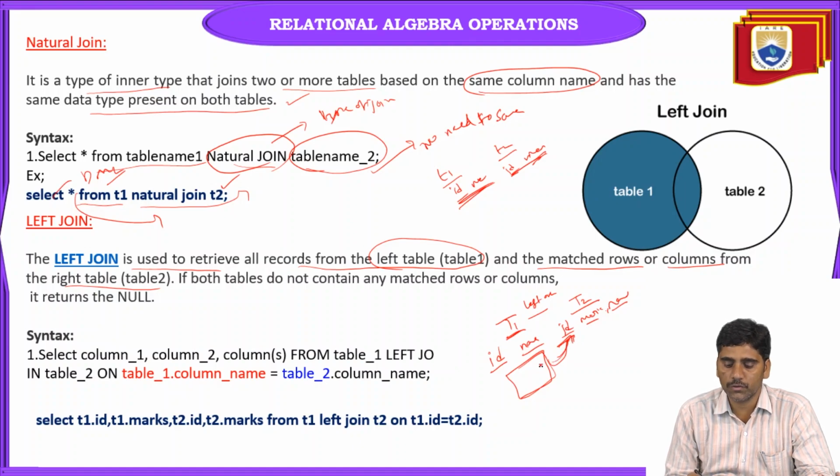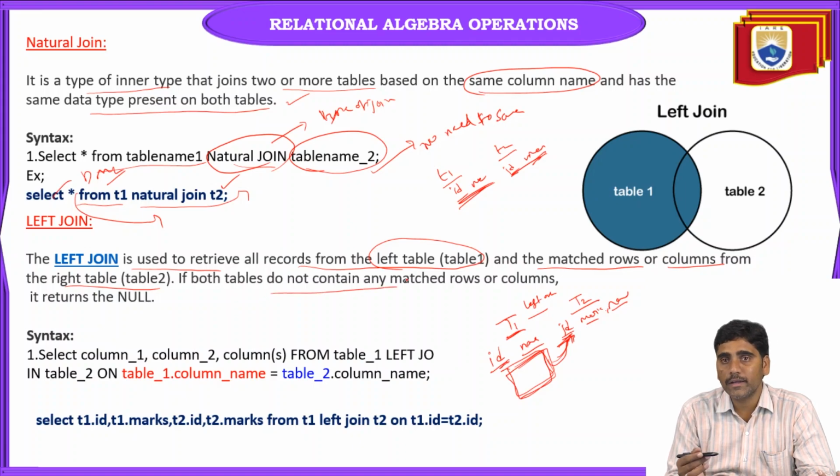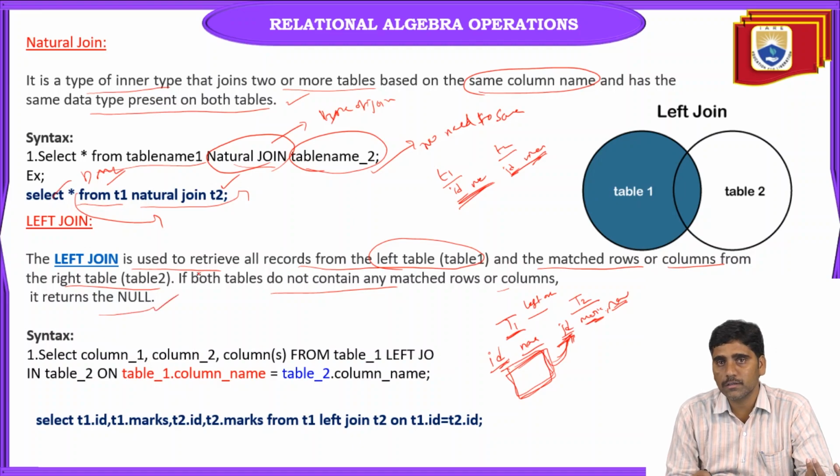Here ID is matched, so it retrieves the matched values from table 2 and all the values from table 1. If both tables do not contain any matched rows, then it returns a null value.